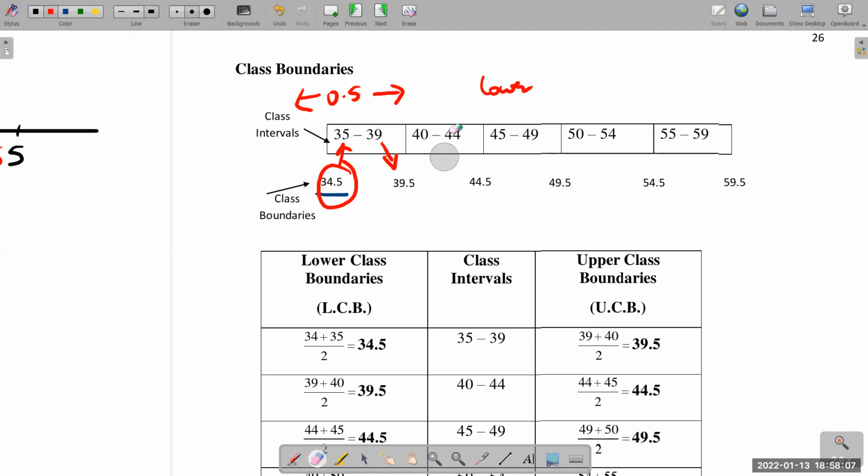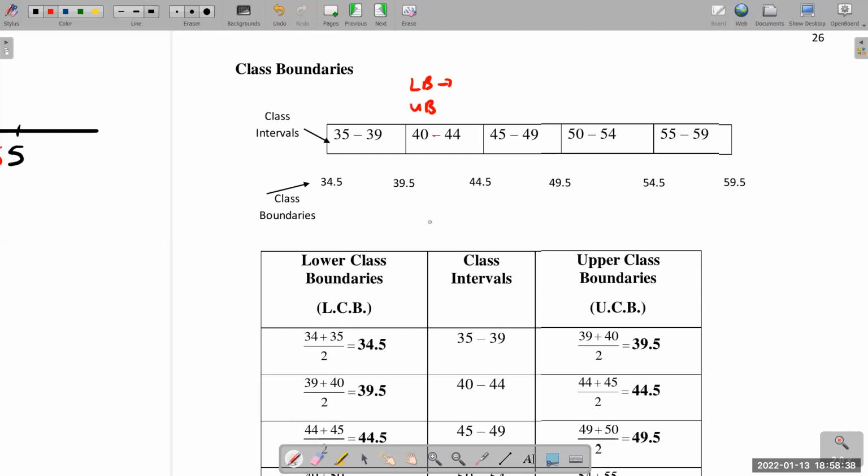Using this example, let's do the next interval. UB is upper boundary, LB is lower boundary. I should have done the lower boundary first. Let's do the lower boundary first for every interval. So we need an LB and we need a UB. What is the upper boundary for 40 to 44? What number comes just before 40?